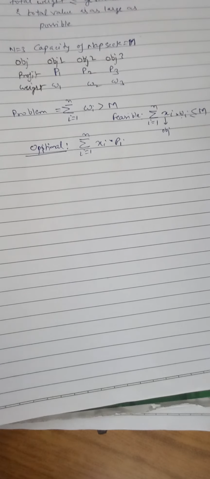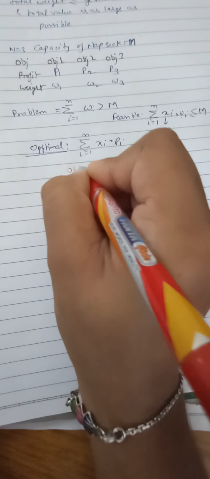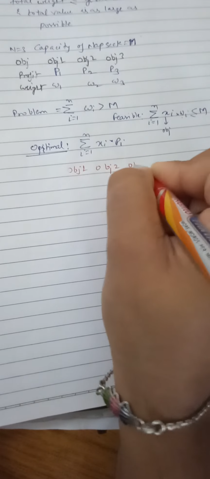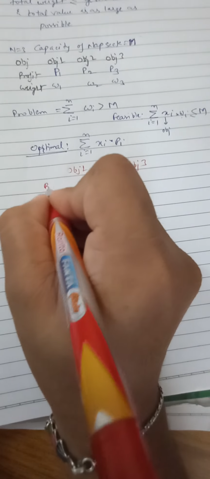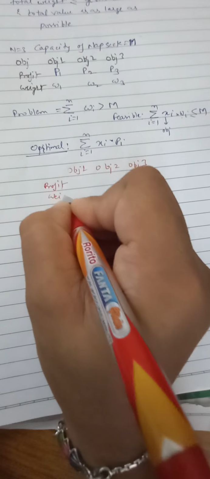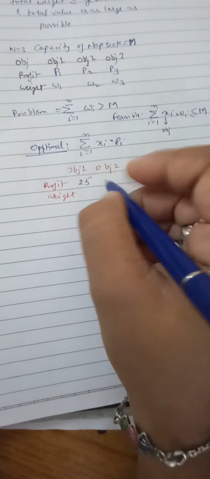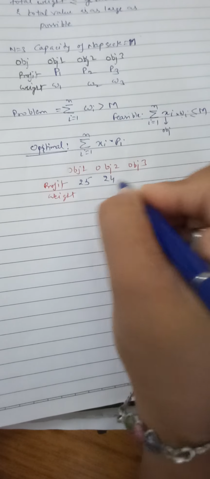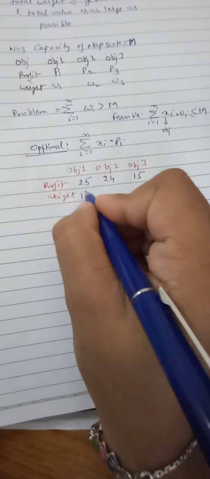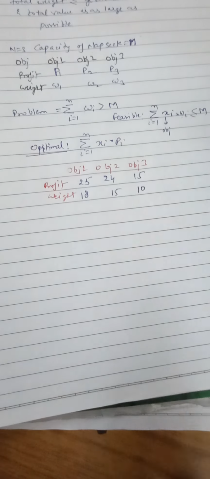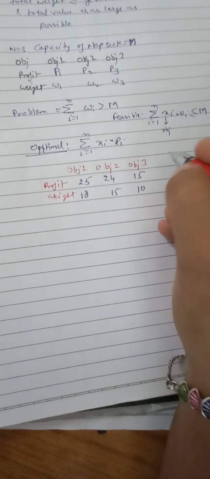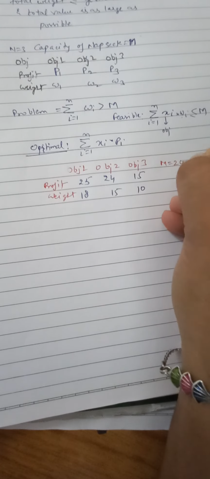So suppose we have a given set of objects: object 1, object 2, object 3, with profits 25, 24, 15, and weights 18, 15, 10, and total capacity m is equal to 20.